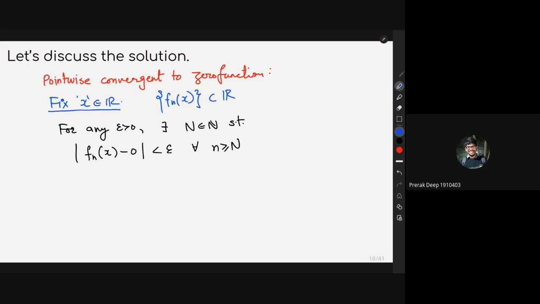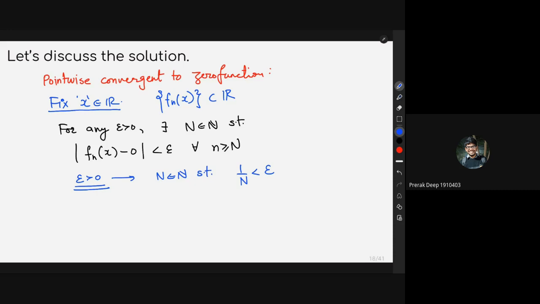So if I start with any epsilon, I can find a natural number N such that 1 over N is smaller than that epsilon.